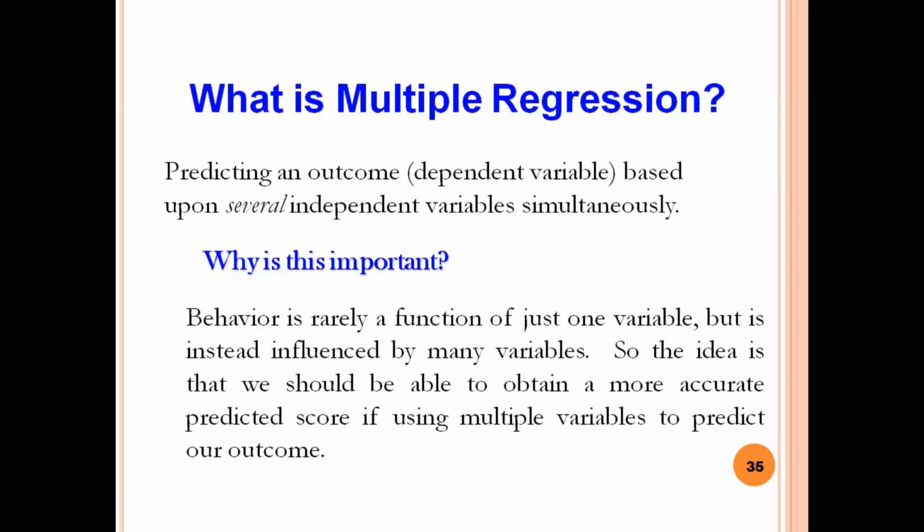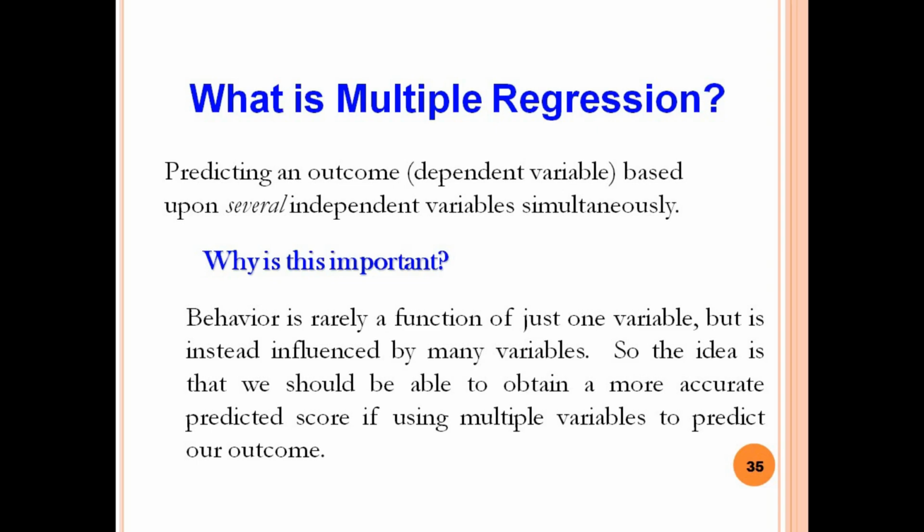So what is multiple regression? Predicting an outcome based upon several independent variables simultaneously. Or we can say multiple linear regression is a statistical technique that uses several explanatory variables to predict the outcome of a response variable. Why is multiple regression important?